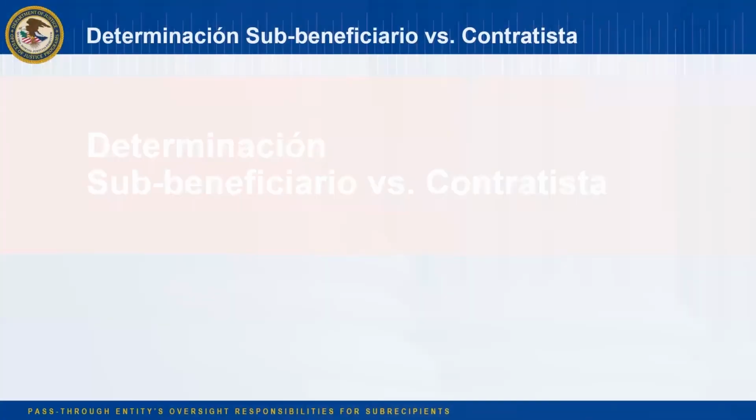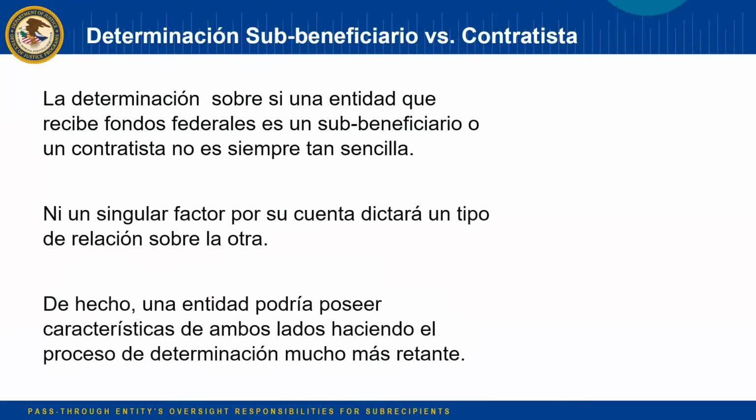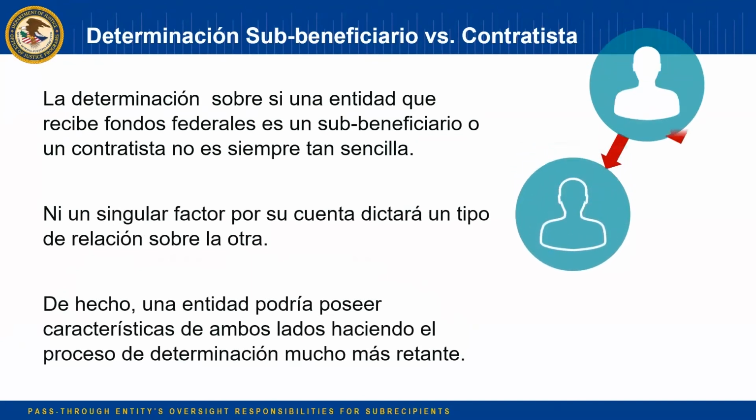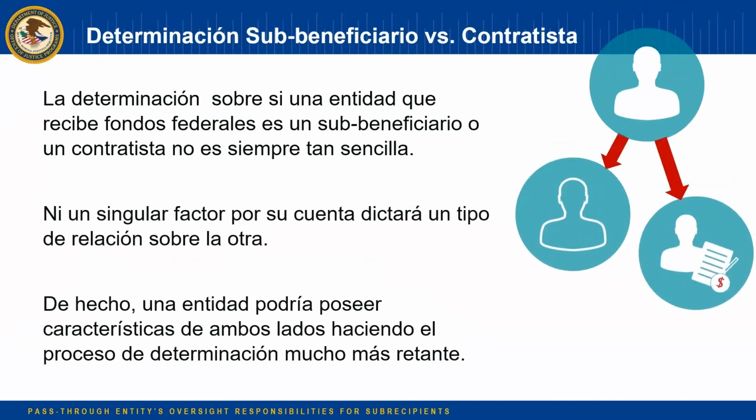So now let's talk about that determination, determining a subrecipient as opposed to a contractor. So it's very important to understand that the determination of whether an entity receiving federal funds is a subrecipient or a contractor, you need to know that it's not always straightforward. So I'll give you some tools on how to make that determination. But again, keep in mind, as I said earlier, this is not necessarily how the federal government, based on your determination, will review or view that particular agreement, okay?